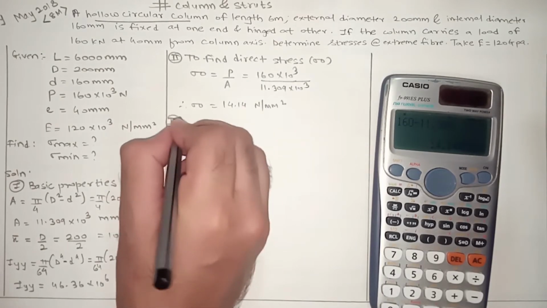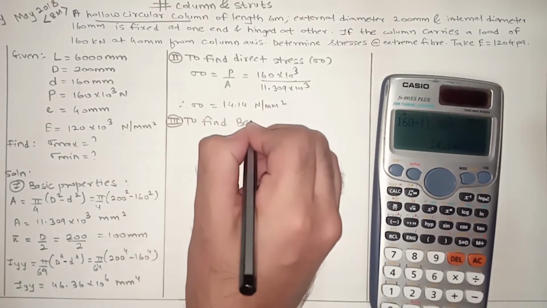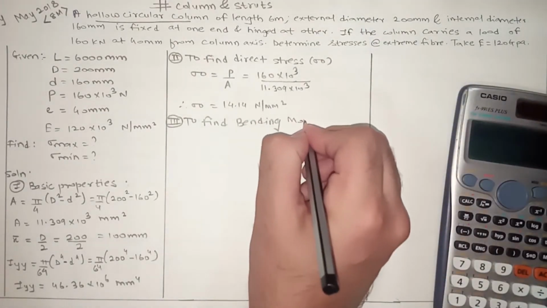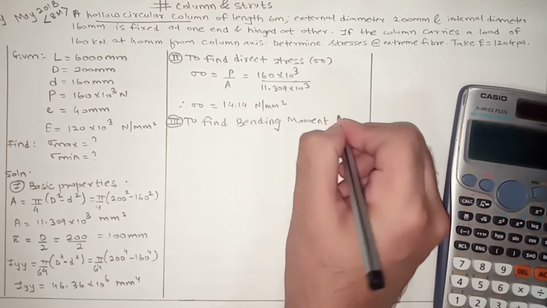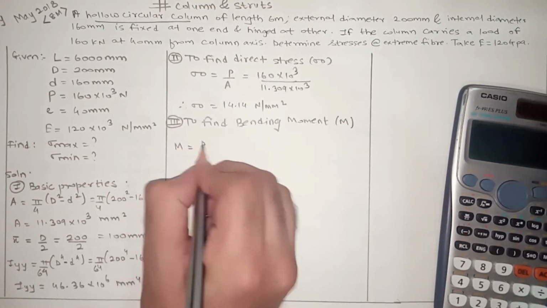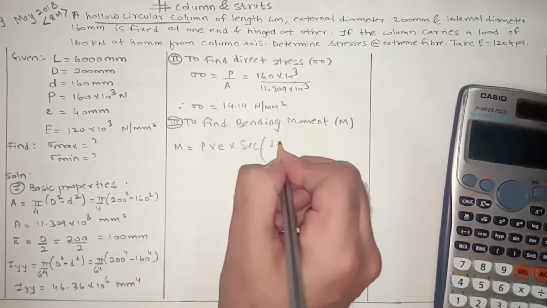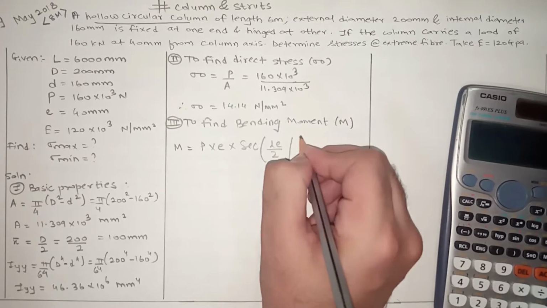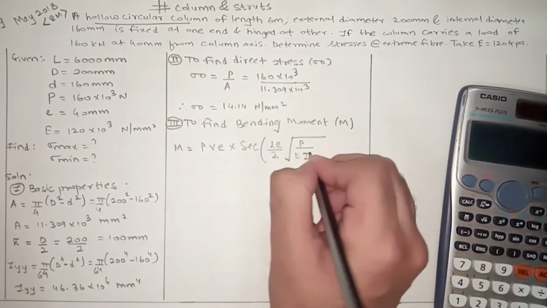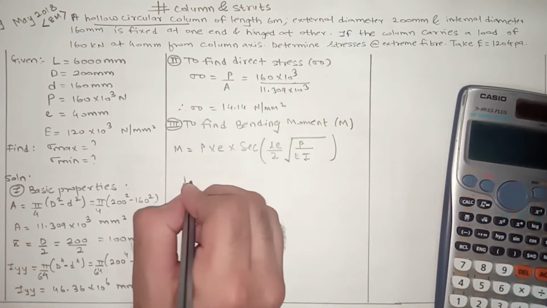Next step is to find bending moment M. So formula for bending moment M is P into e into sec of LE by 2 under root of P by EI. So let us first find effective length LE.